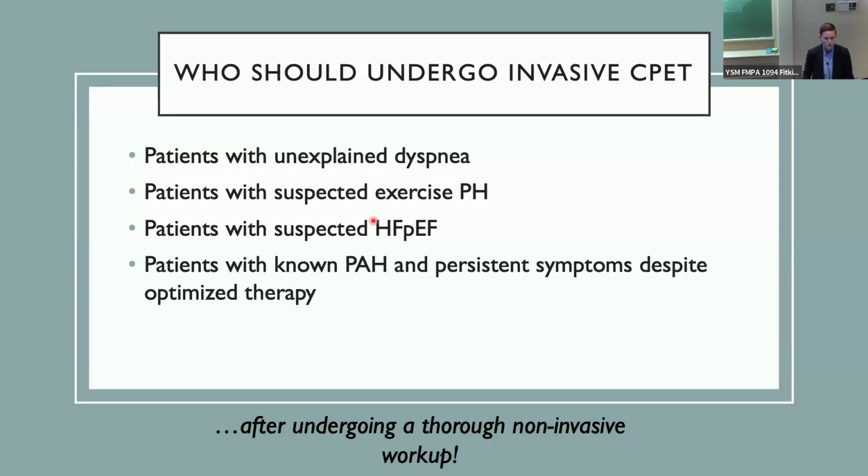And finally, patients with known pulmonary hypertension, but who have persistent symptoms despite optimized therapy. So in short, invasive CPET is best reserved for patients with persistent, unexplained exercise intolerance where your physiology can't be clarified or hasn't been clarified yet by your non-invasive testing.